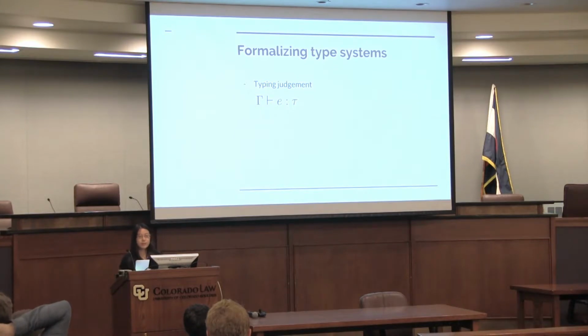And you read it as gamma entails the expression E has type tau. I'll be getting more into what that means later. Typing judgments can be combined to form typing rules, where you have several typing judgments above the horizontal line as the premises. And this rule says if we can prove the premises, then we can prove the consequent, the conclusion, below the horizontal line.